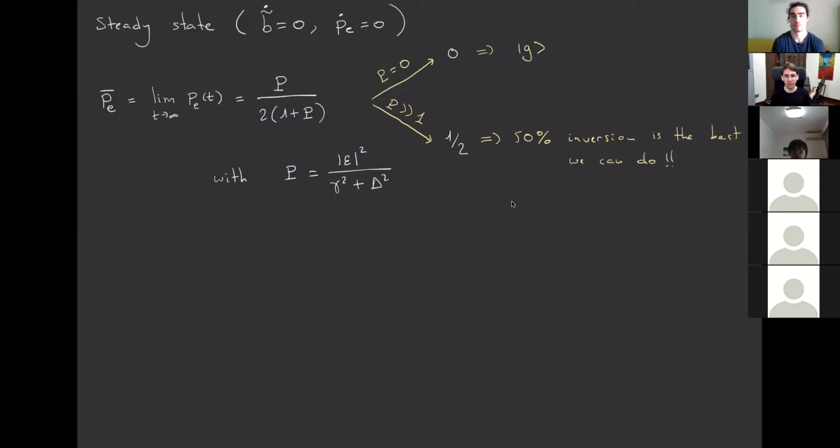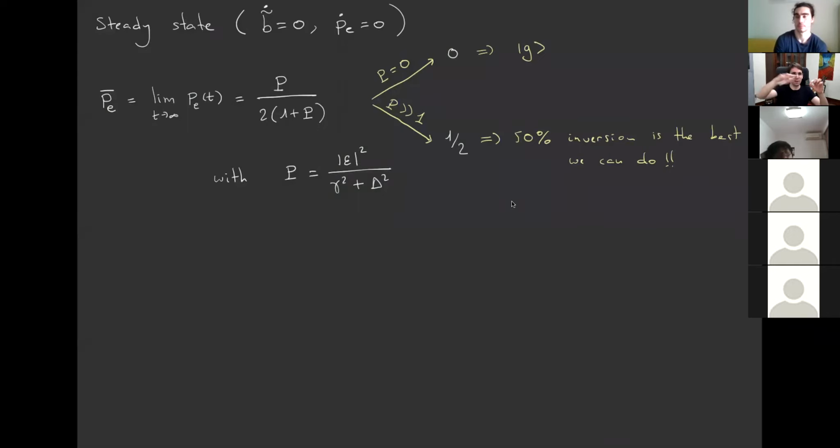Okay. And it's very funny because imagine that you wouldn't have dissipation, okay? If you wouldn't have dissipation and you drive with a classical field, what happens? Rabi oscillations, okay? We already saw this in the 3rd chapter. So you would have periodic Rabi oscillations between ground state and excited state. Now, what is dissipation doing?